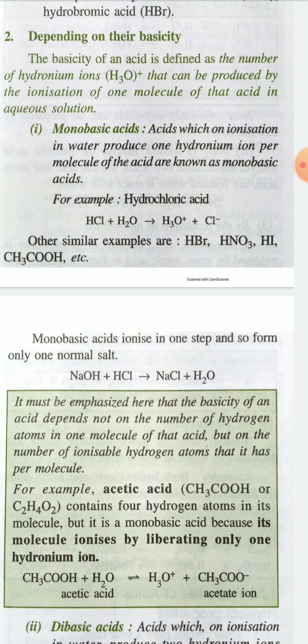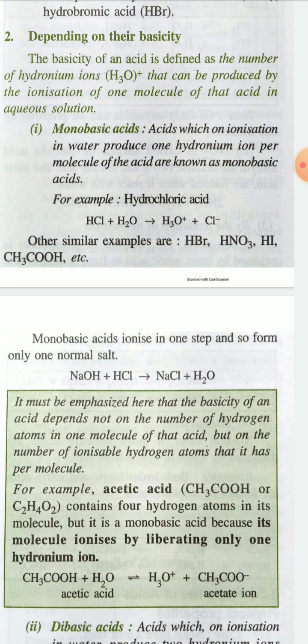When NaOH combines with HCl, HCl meaning H+ and Cl- ions, and NaOH meaning Na+ and OH- ions, it will form sodium chloride, NaCl, and water. That is salt and water. So monobasic acids ionize in one step and form only one normal salt. And NaCl, we know, is a normal salt.